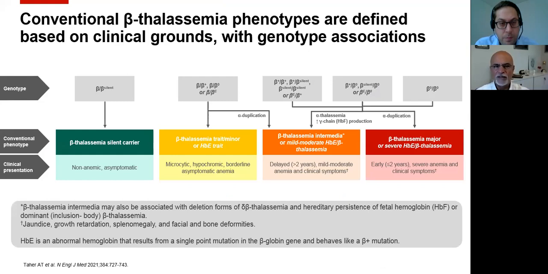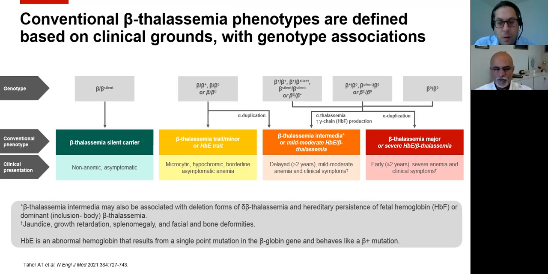If you look at the conventional way of classifying beta thalassemia, the phenotypes are defined on clinical grounds with genotype association. In this slide, you would see that the genotype would range from beta silent, then beta plus, beta 0, and at the end you will have beta 0, beta 0.